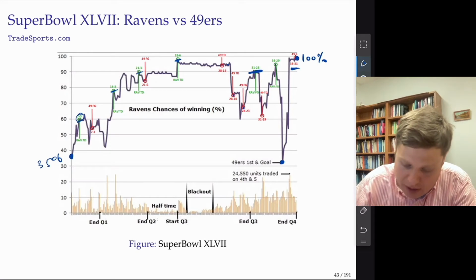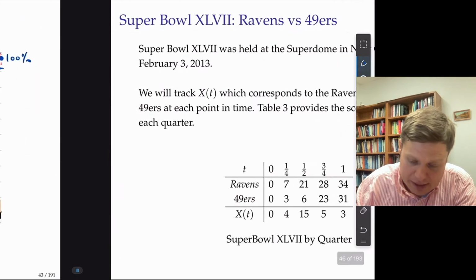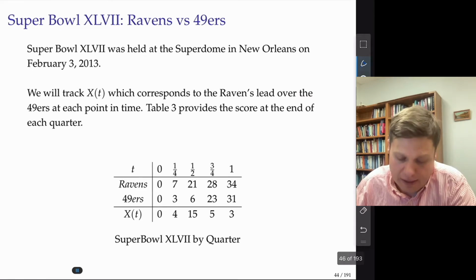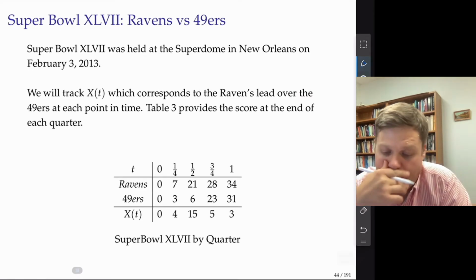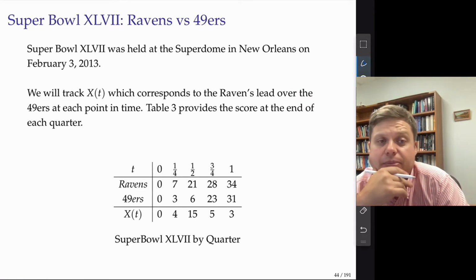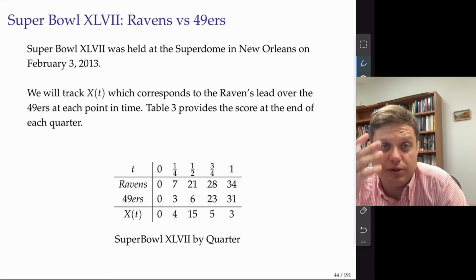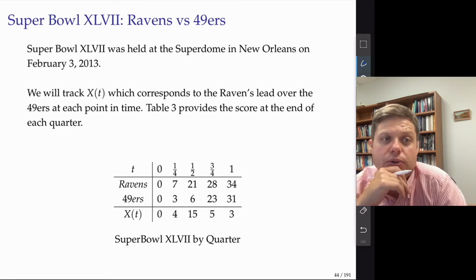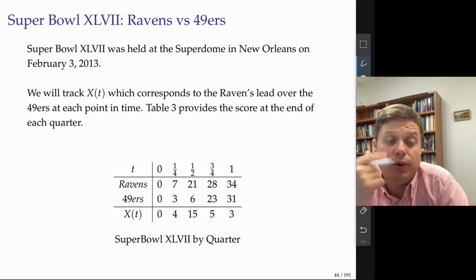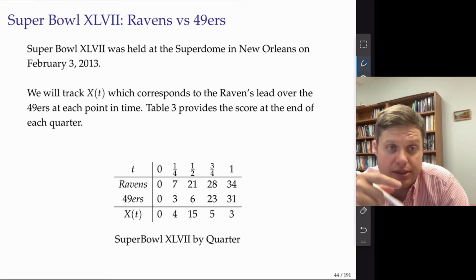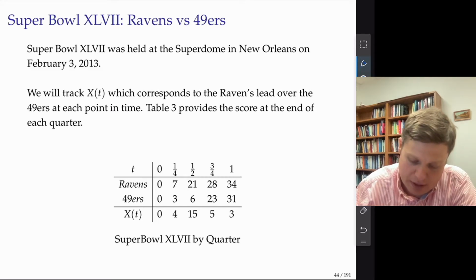34-31. Okay, so let's keep this in mind and do some Bayesian analysis. This is some information about the Super Bowl. It's the 2013 Super Bowl, which happened in New Orleans. We're going to track X of t, which corresponds to the Ravens' lead over the 49ers at each point in time. The table below provides the score at the end of each of the quarters.